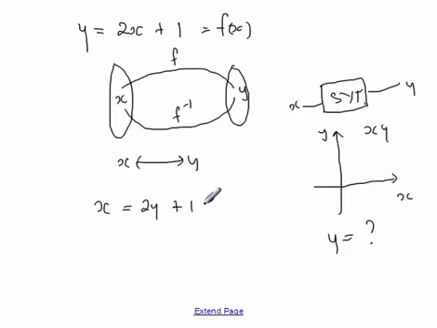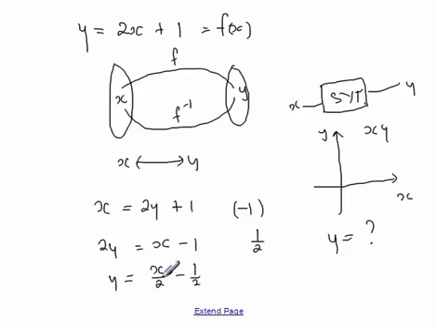I go back to those additive inverse, multiplicative inverse. Additive inverse, I need minus 1 on both sides. What am I going to do? I'm going to end up with 2y equals x minus 1. Multiplicative inverse, I need a half. Then I multiply both sides by a half, I get y equals x over 2 minus a half.